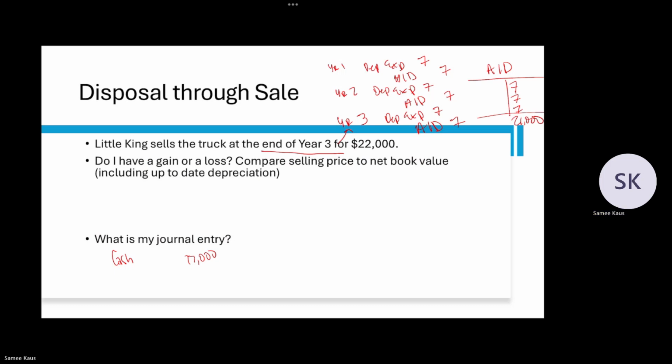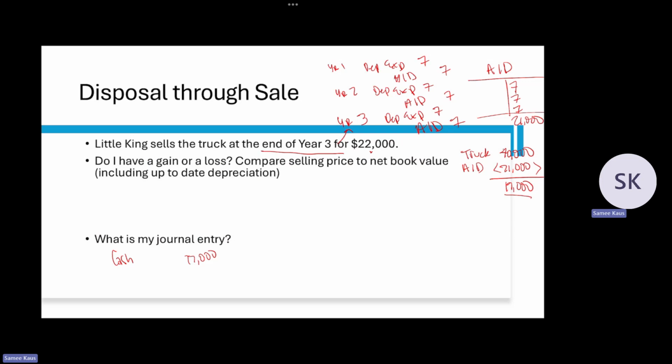So what is the original cost of my asset? What is this asset on my books for? Well, I have a truck that I purchased for $40,000. I take accumulated depreciation of 21, so I have a net book value of 19. So one way to think about this is I have something that's worth 19,000 to me that I'm getting 22,000 for.